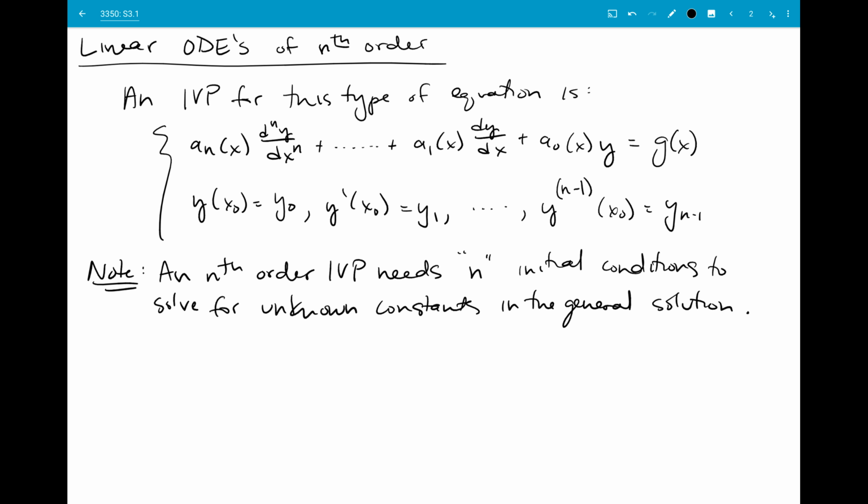So that's the type of equation we're talking about. And then the first thing we're going to do is define another initial value problem theorem. This is going to tell us something about existence and uniqueness.